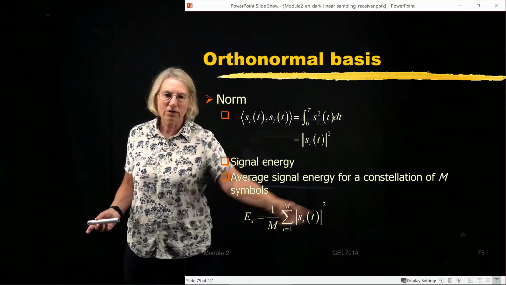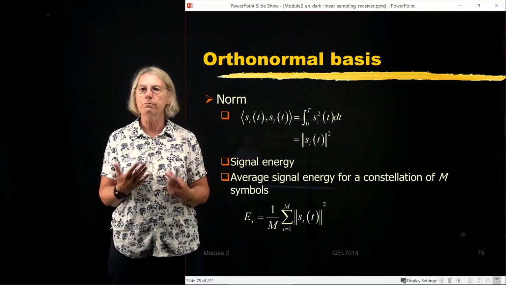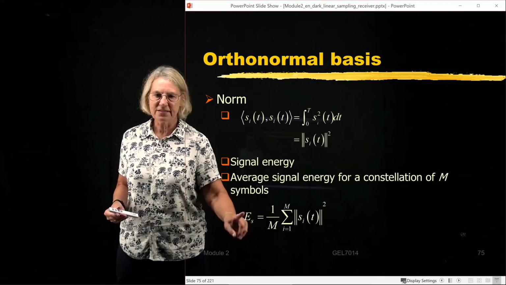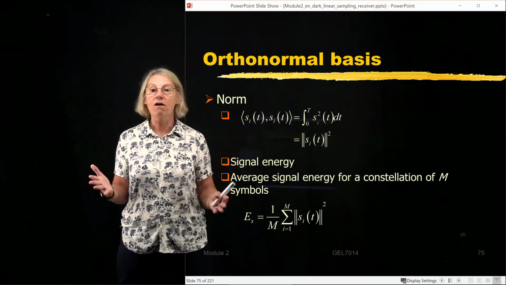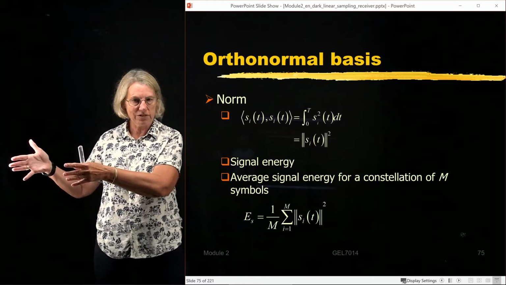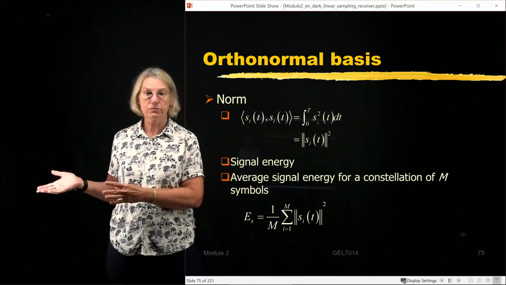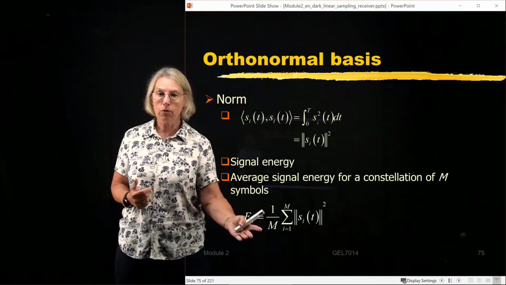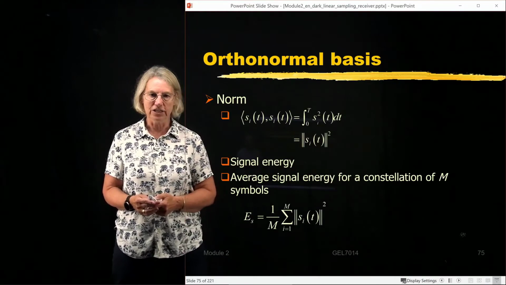And so 1 over M of the sum of these energies is going to give me the average energy per symbol. And that S here means the average energy per symbol. And therefore I can compare. When I have this strategy and this average energy per symbol, and I have another strategy, which one gives me fewer errors? So it is very important to compare systems with the same average signal energy.